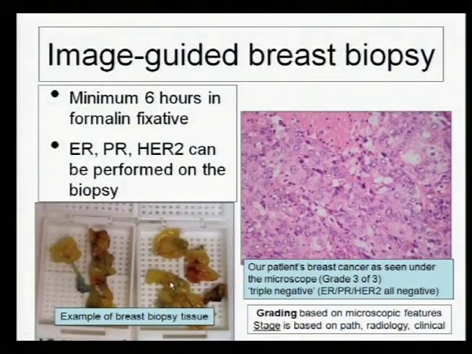Why shouldn't they wait until the cancer is cut out? That's a good question, and the answer is that we do it on the biopsy to expedite planning. In this particular case, this gal ended up being triple negative, which has very significant prognostic and predictive features for the patient in her management, as we'll see in a little bit.